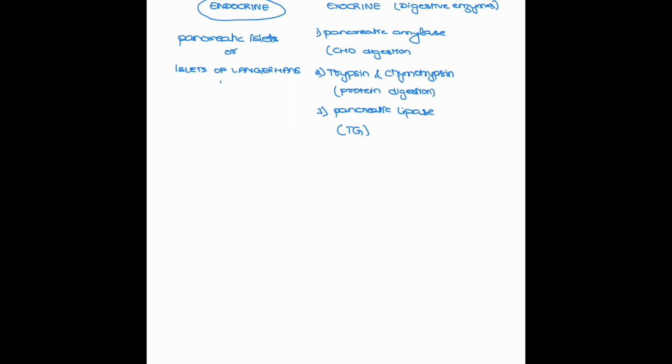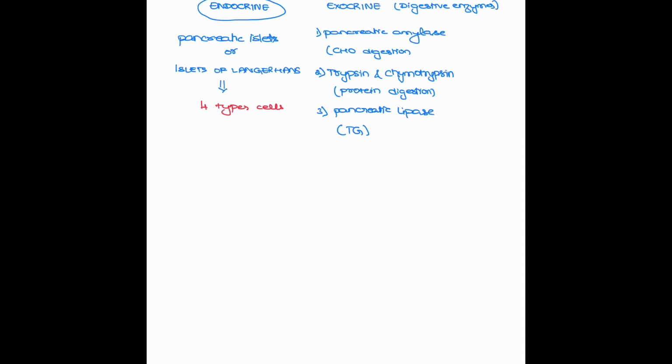So these islets of Langerhans contain 4 types of cells. Remember, it contains 4 types of cells which are secreting different hormones.